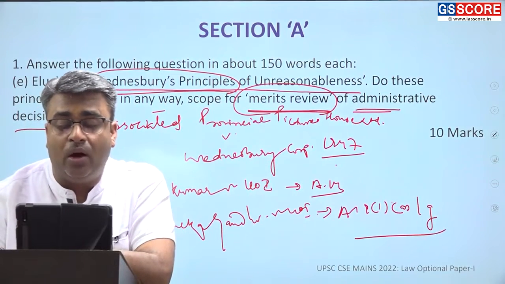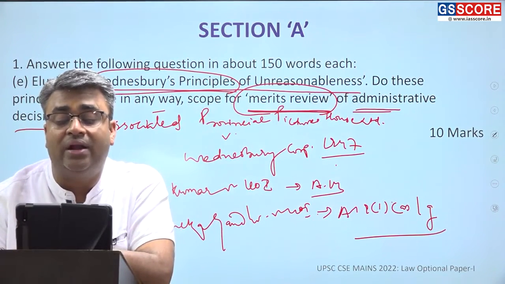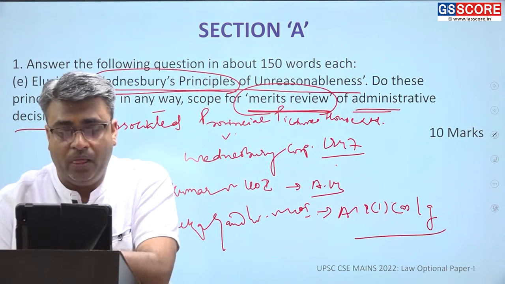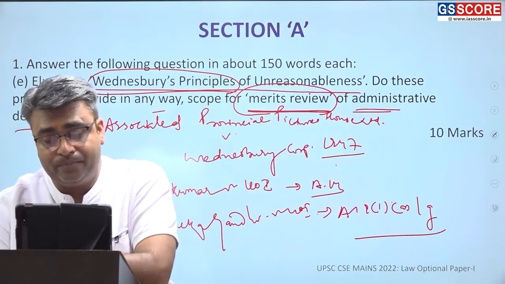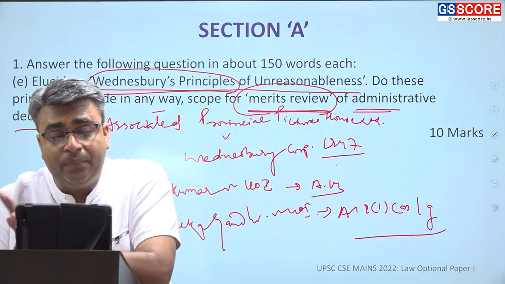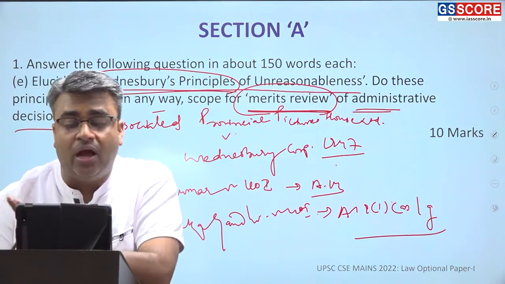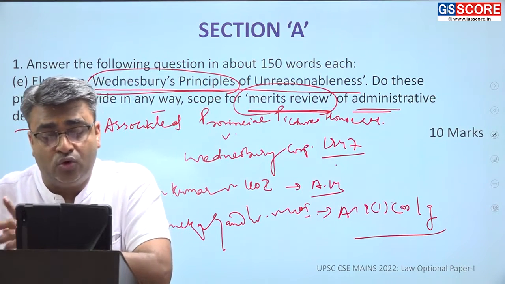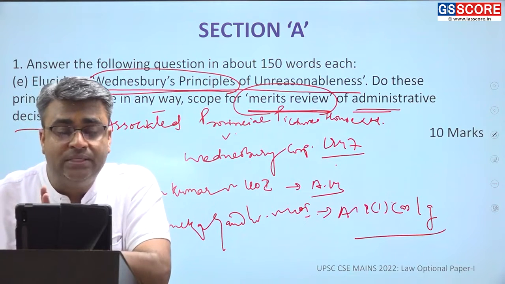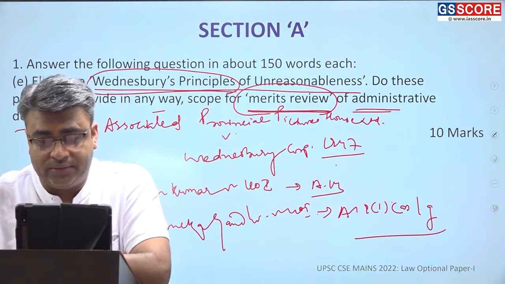So when we talk about proportionality and the Wednesbury principle, you should first have an idea of how they are related to each other. First of all, the principle of Wednesbury unreasonableness.